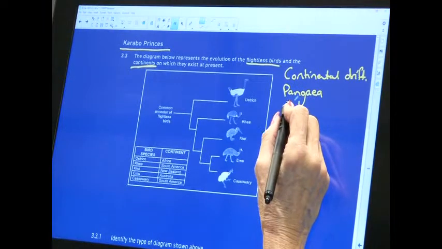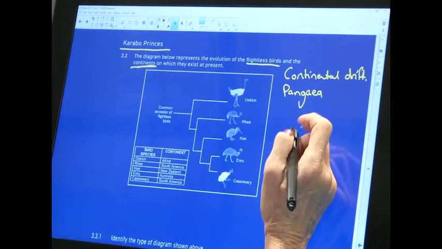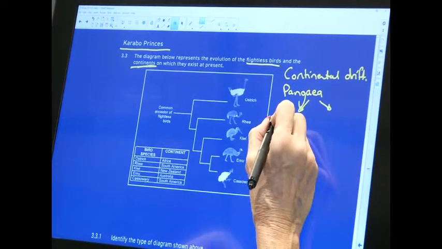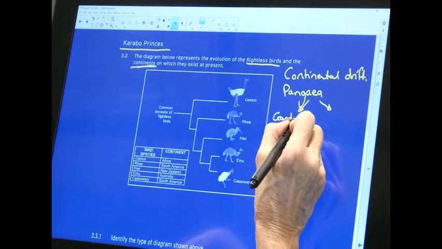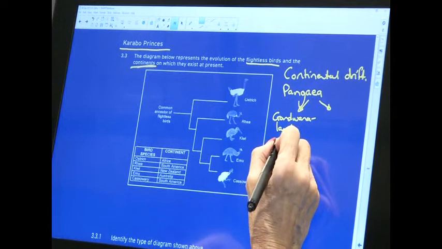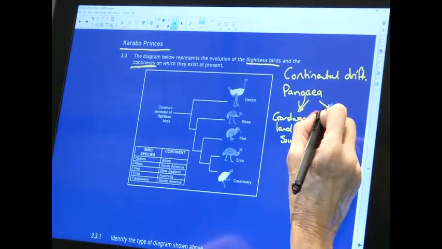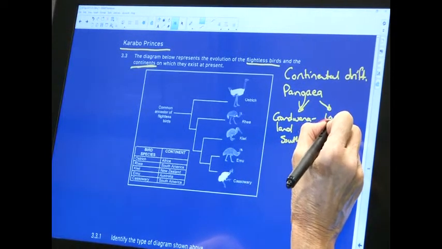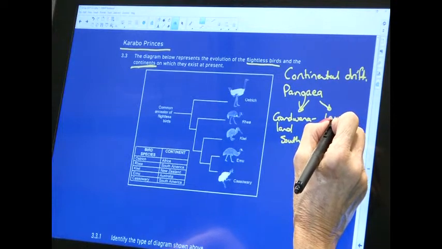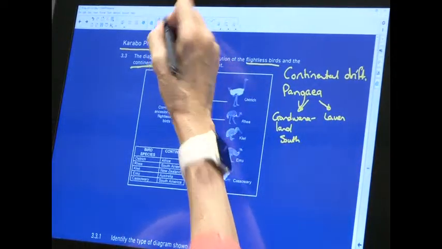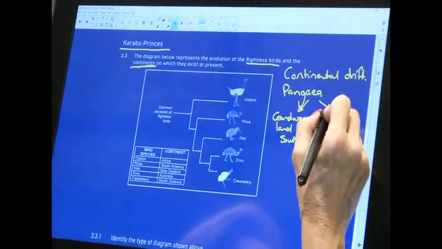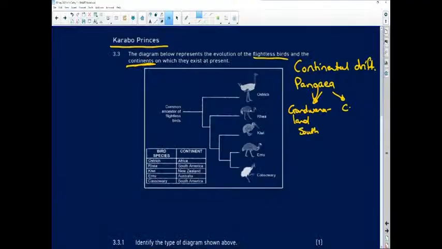I can't remember the exact translation. So then you had Pangaea, and then Pangaea split into Gondwanaland, which is in the south, and Laurasia. Let me just try to get the spelling correct.